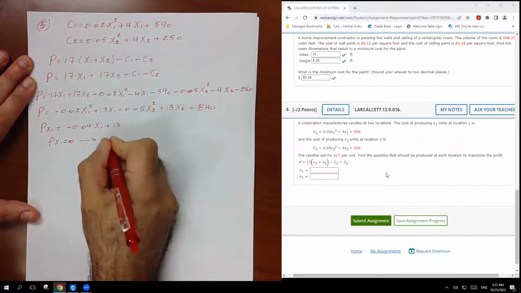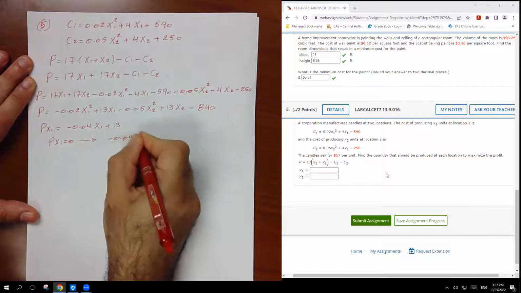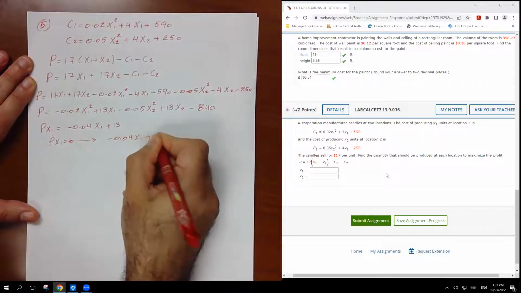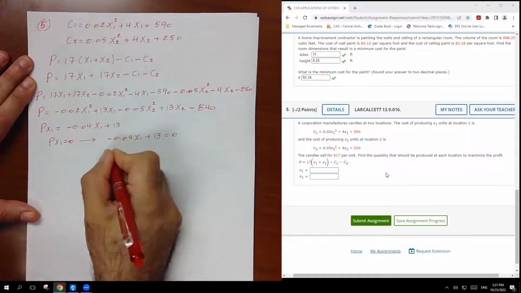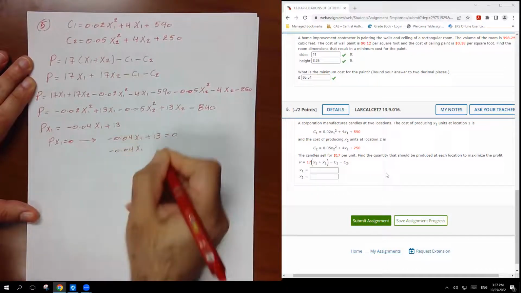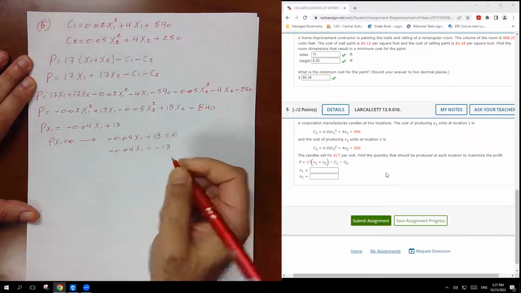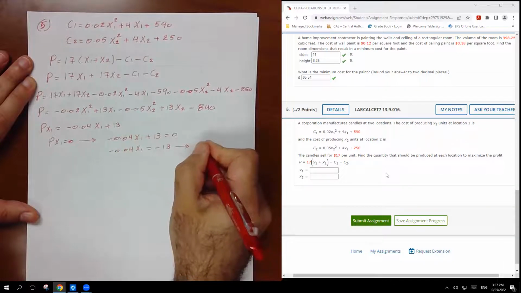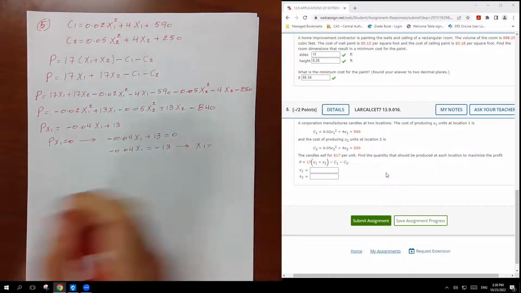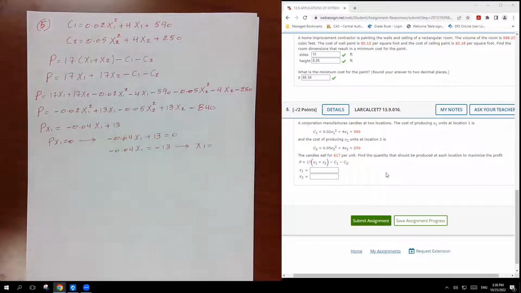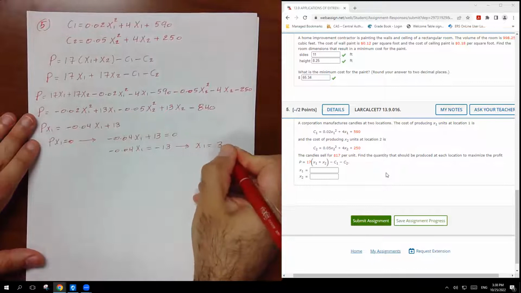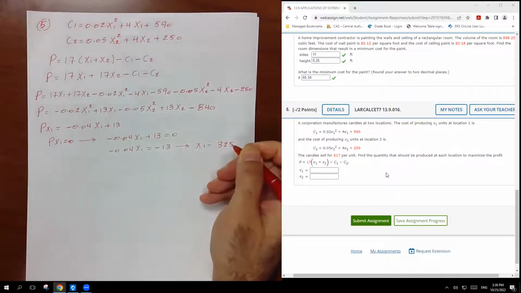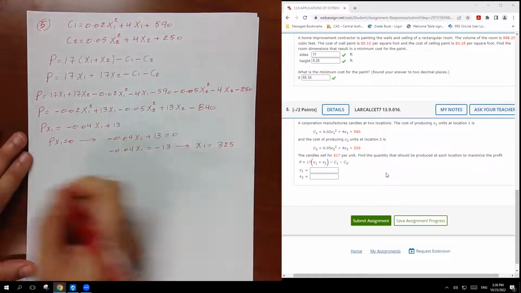That means negative 0.04 x1 plus 13 is equal to 0. Now it means negative 0.04 x1 equal negative 13. Divide both sides by negative 0.04. So x1 is going to be 13 divided by 0.04, which is 325. That means x1 is 325.